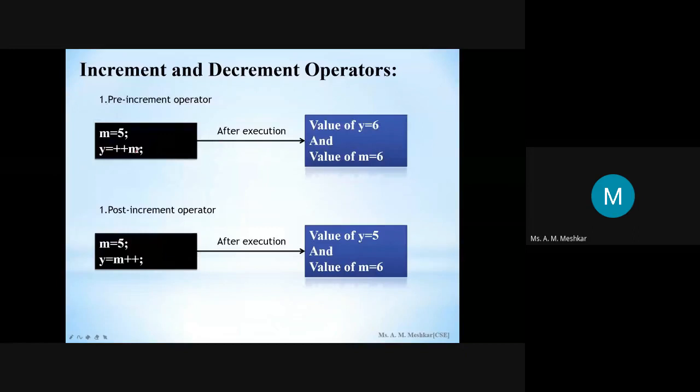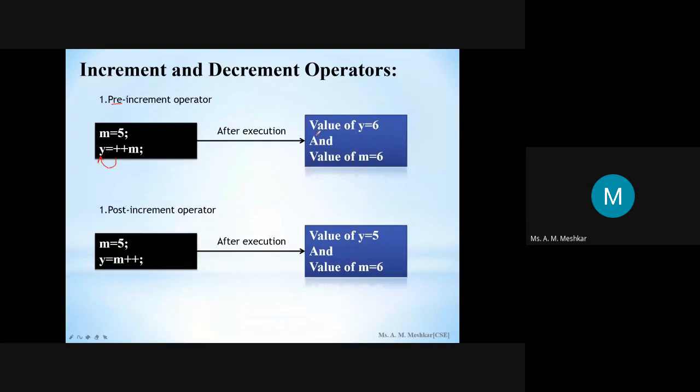As you can see here, m is assigned the value 5 and y is written using the pre-increment operator, plus plus m. What happens after execution? The value of y becomes 6. m gets incremented and then assigns its value to the y variable, the left hand side variable.